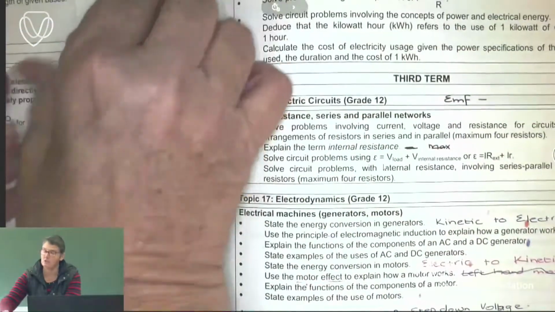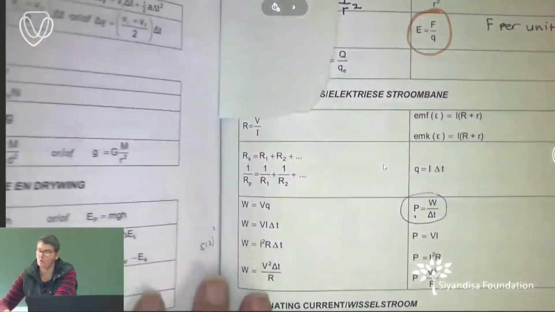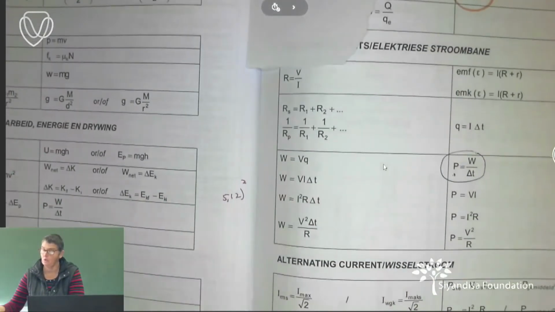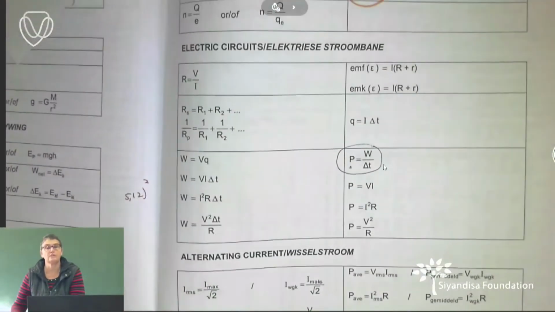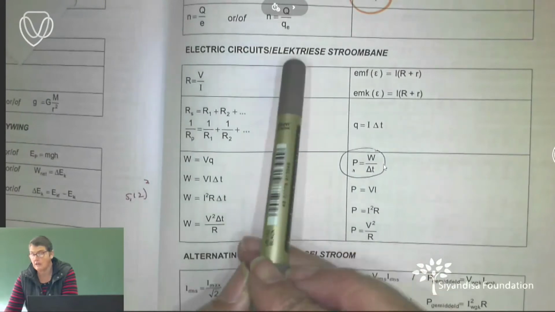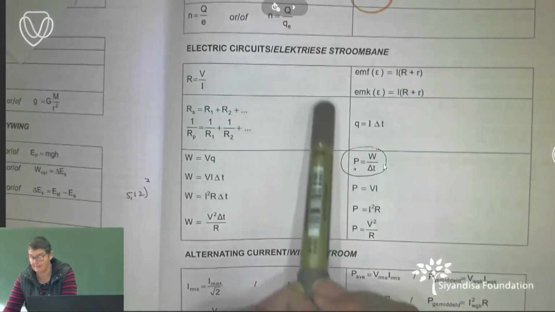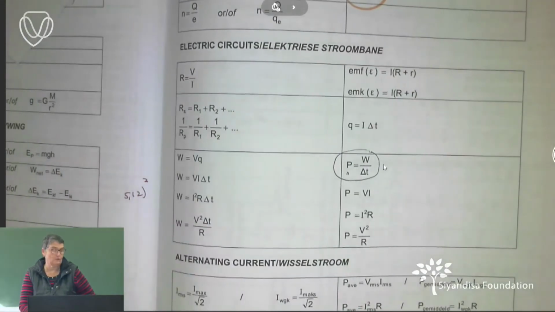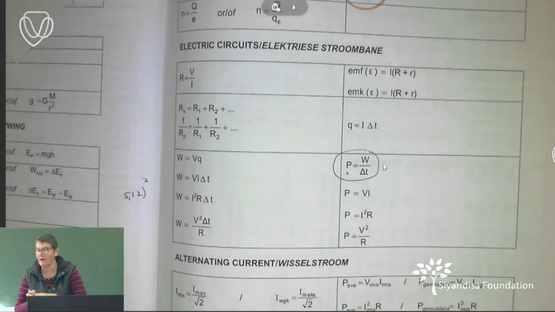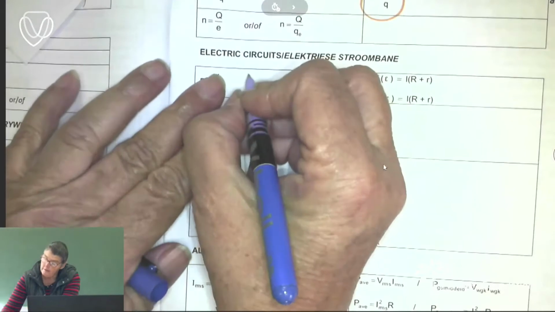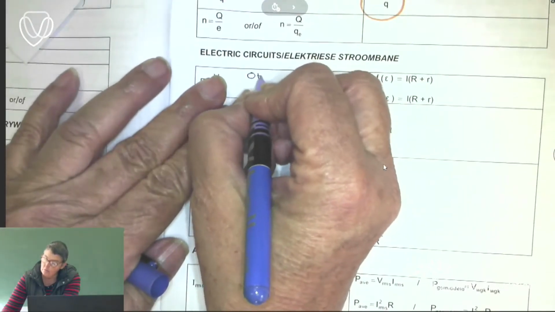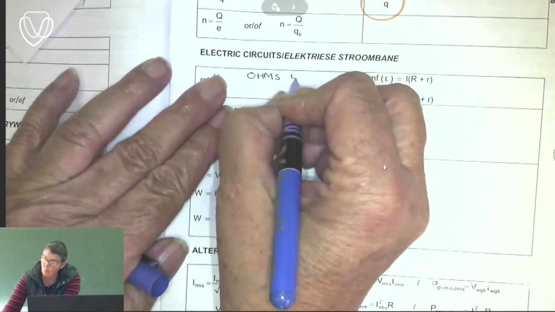And what I do is go to the back of your book, or in the back of your examinable content, you have your data sheet. Remember, this data sheet gets given to you in the exams. So what I do is, I write here for myself that this is Ohm's law.